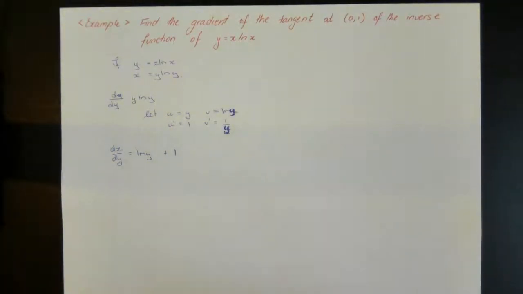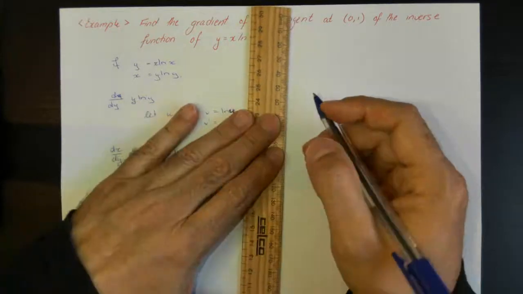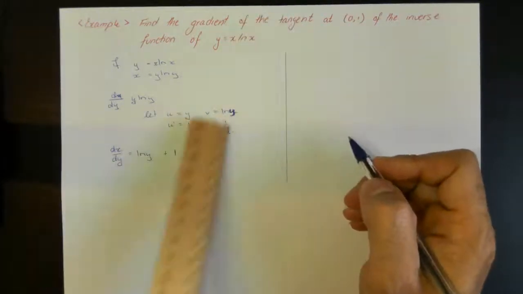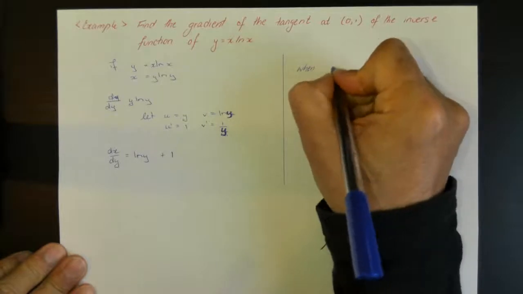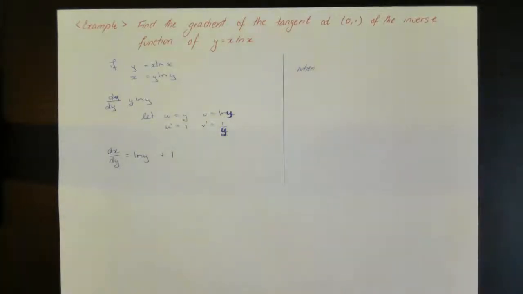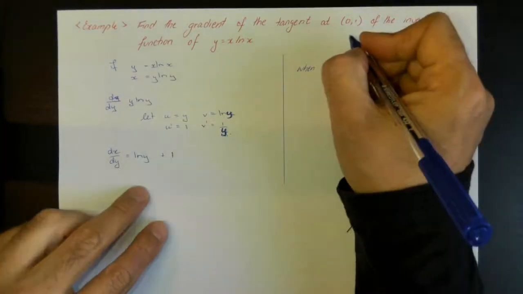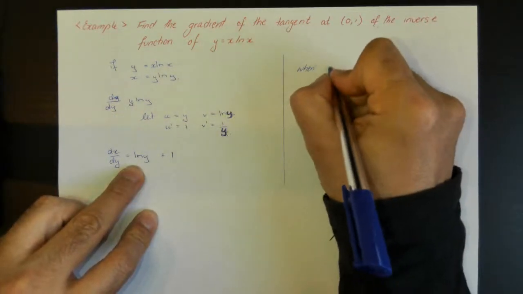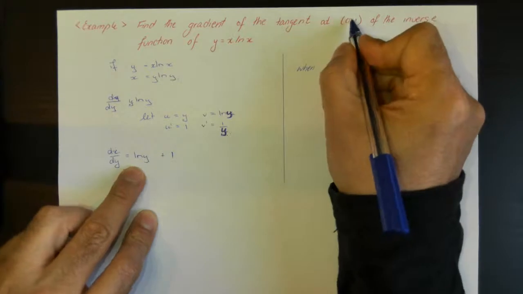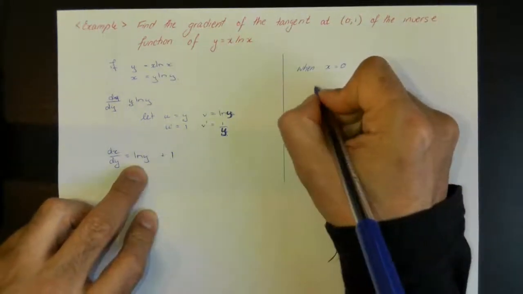The question says, find the gradient of the tangent. So when we're looking at when x equals 0, what we're going to do is sub in that place for y.